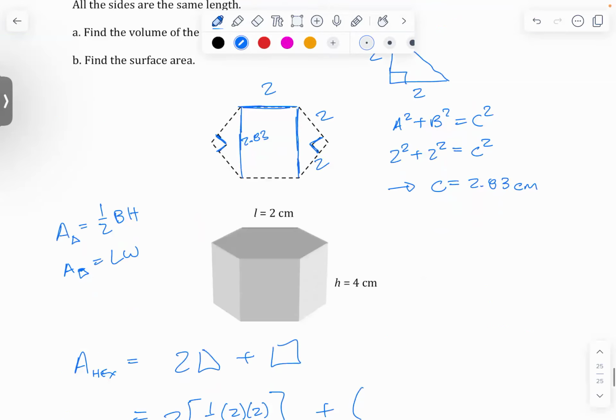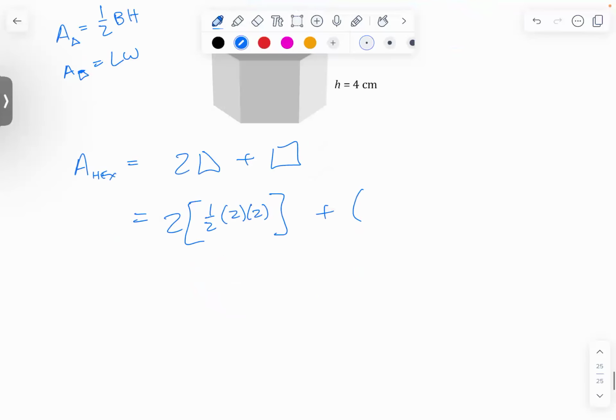We just found the 2.83 times 2. So the area of my hexagon will become 9.66 square centimeters.